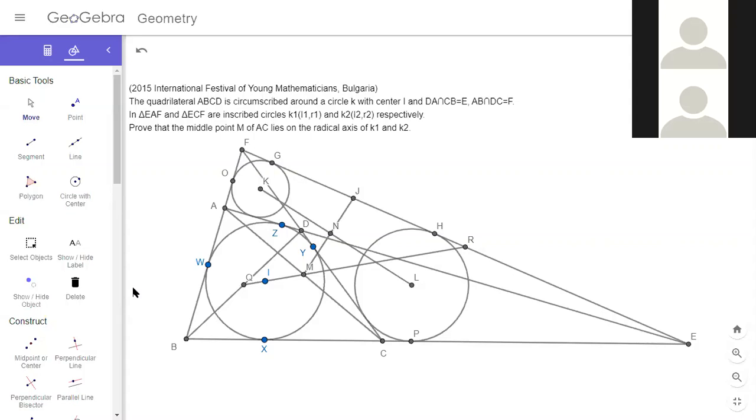We want to show M has the same power with respect to those circles. So Casey's theorem, I know it's not super common, but it's very useful. Casey's theorem tells us the difference between the power of a point with respect to two circles.